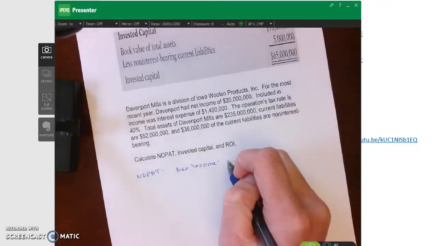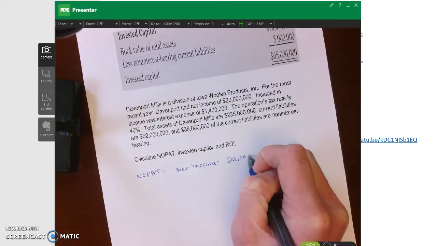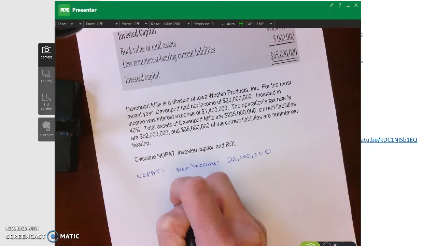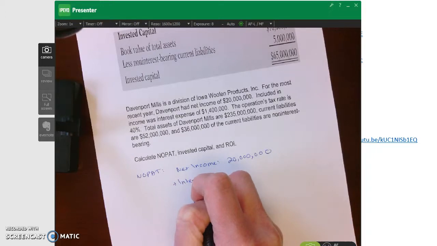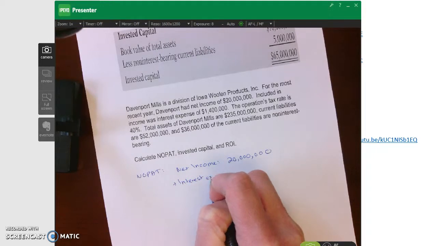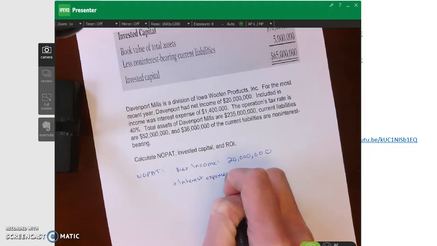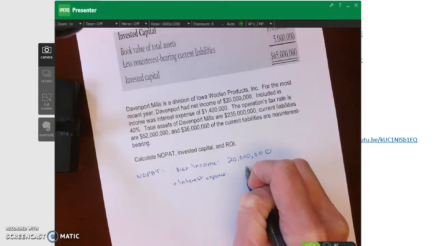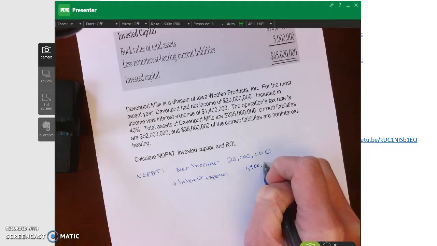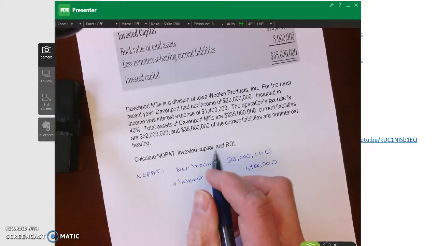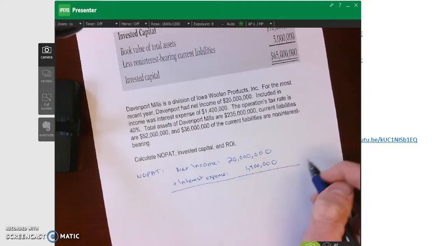So we take our net income of $20 million, plus our interest expense, which is given to us at $1,400,000.